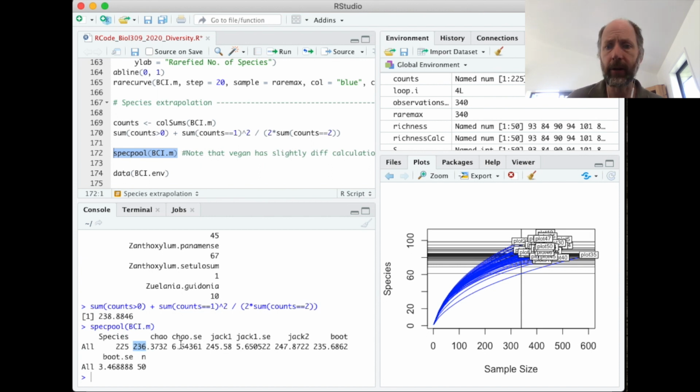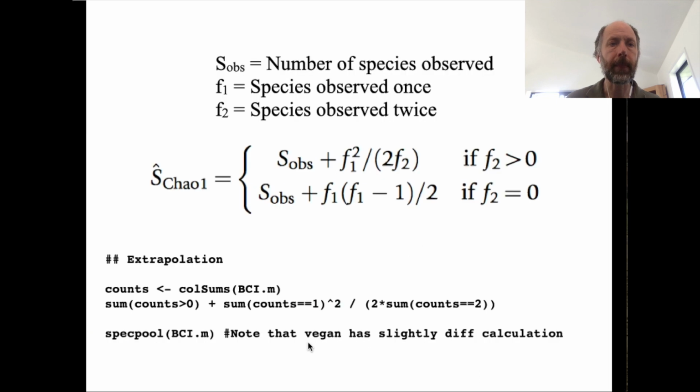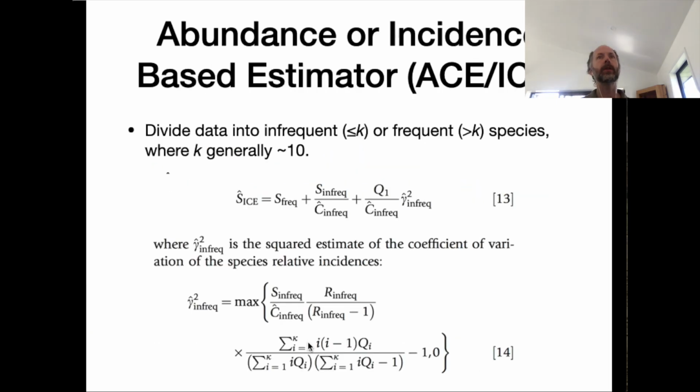Calculating the standard error of these is quite challenging mathematically. I'm not going to show you how to do it, but vegan does it for us, so we can also put a standard error on that measurement. And then it shows us a few other functions, the jackknife and the bootstrap, two different jackknife functions and the bootstrap, again with variances associated. So these are just some of those other measurements. So this is the abundance-based estimator.